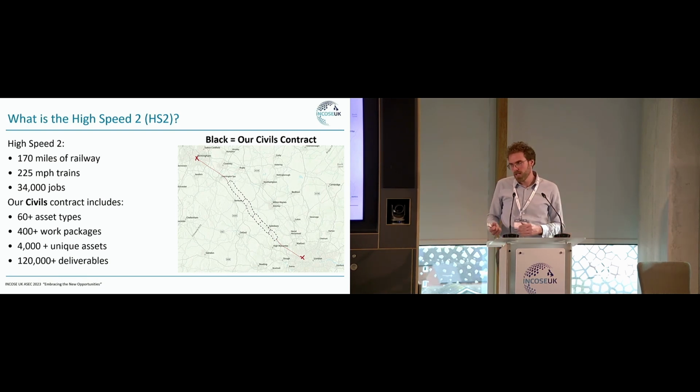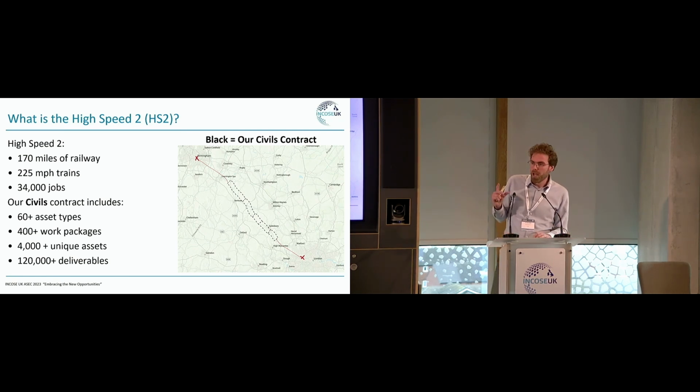It mainly contains civils. So we have viaducts, earthworks, bridges, but also highways. We have 60 plus of those different asset types or object types, standardized things that we are building across the whole route.